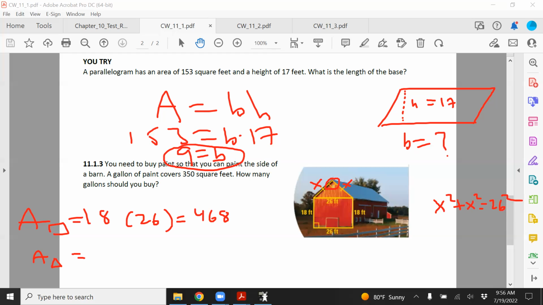If I work that out, that's 2x squared equals 676. Divided by 2, I get 338. Root it. It's going to be about 18.4.